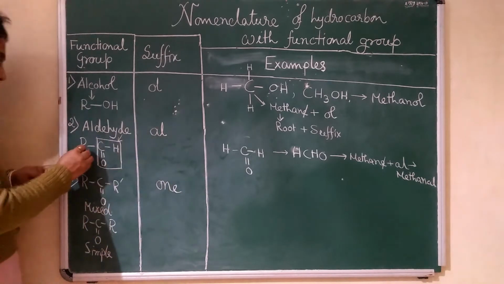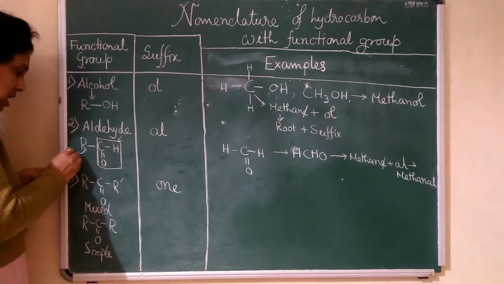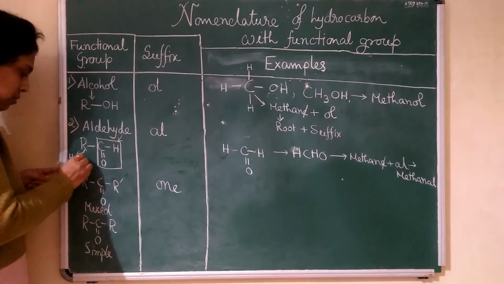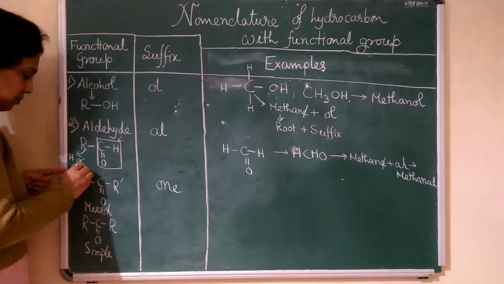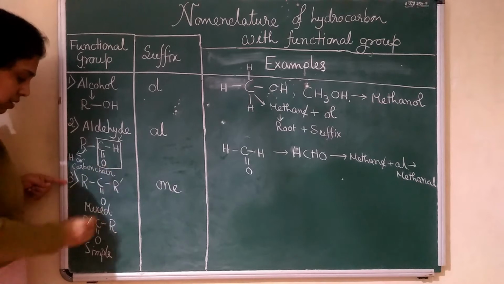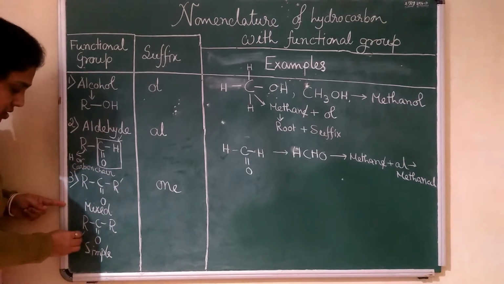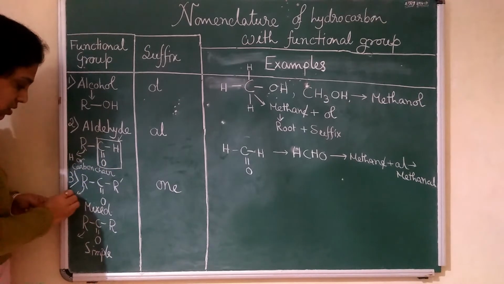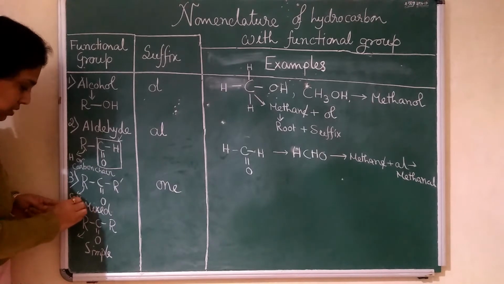For aldehyde, R can be H or a carbon chain, but for ketone, R is always carbon.